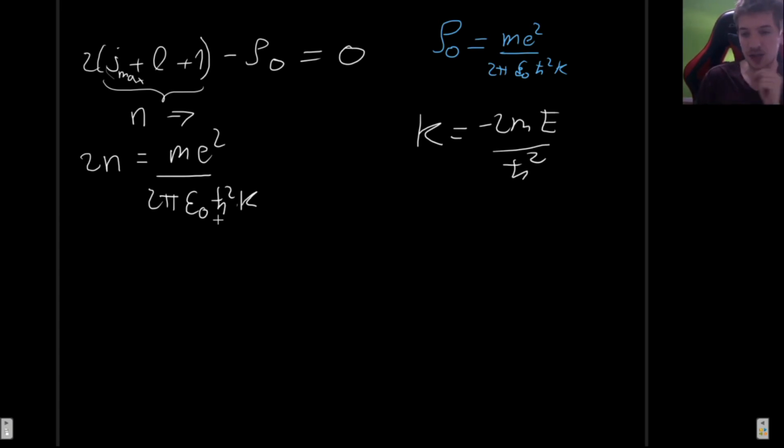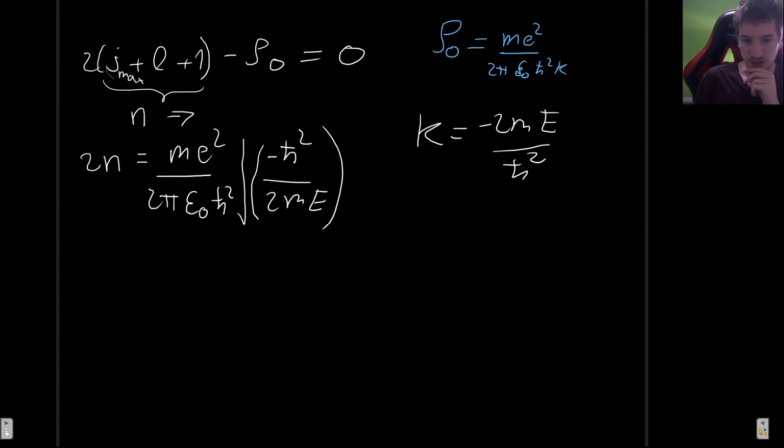So now we actually are going to get some relation for our energy. So let's write here, instead of k, the energy. So since we're dividing by k, this is going to be minus h bar squared divided by 2m e. And well, the square root of all of this, right? So now in order to actually determine this, we're going to have to square all of this.